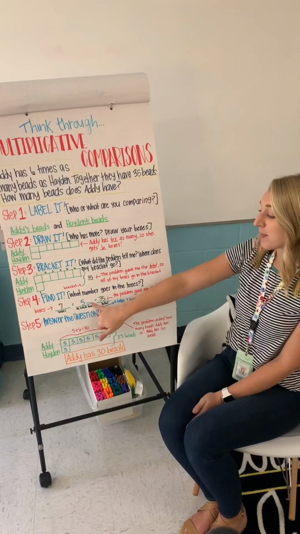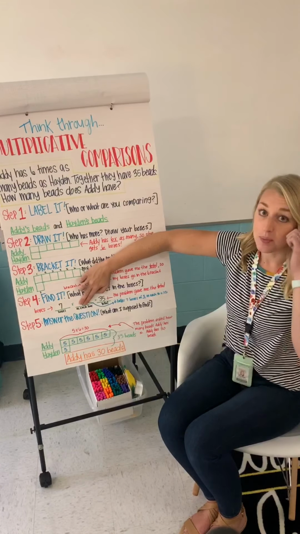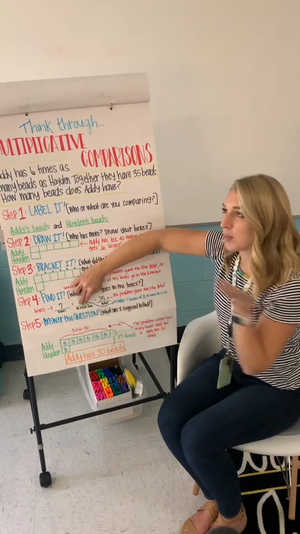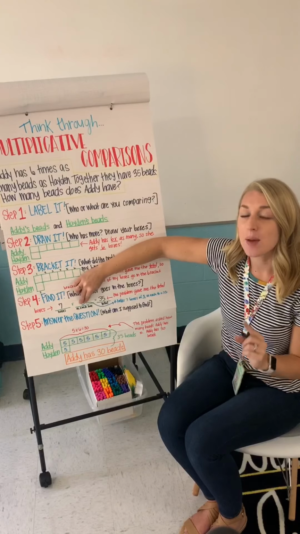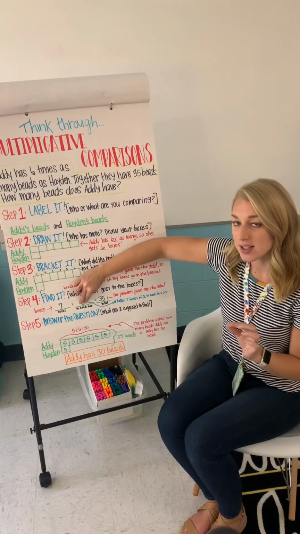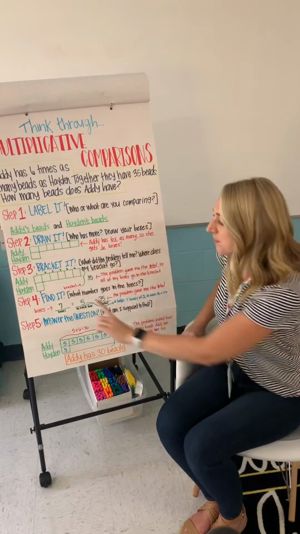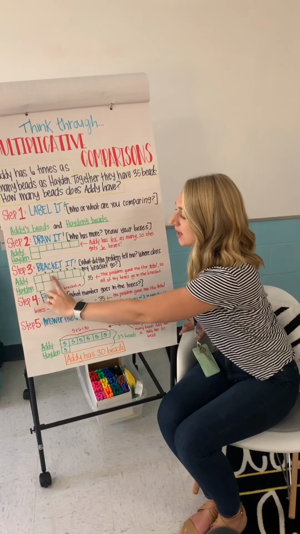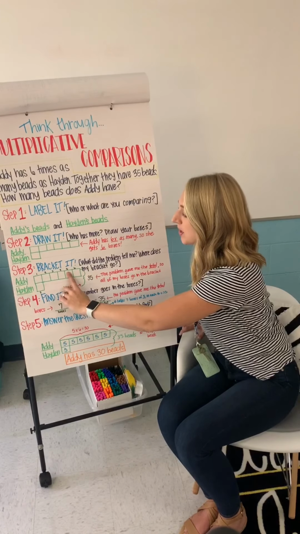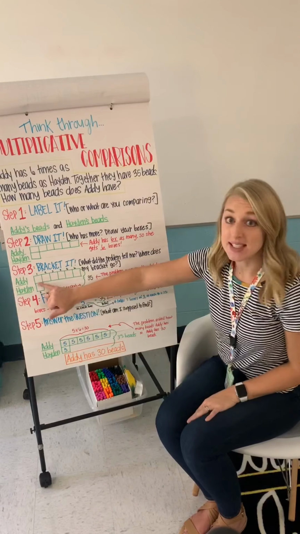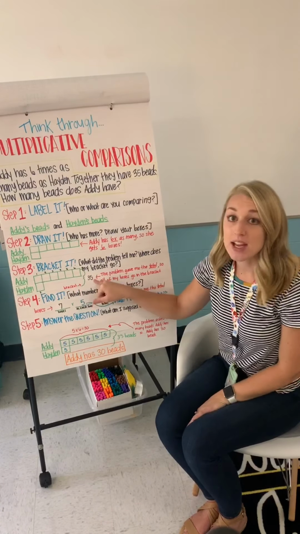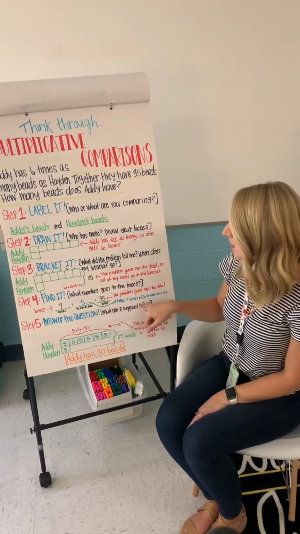To figure out that missing number, I know in my head, 7 times what number equals 35? Well, I know it's 5. So I double checked that and said, okay, that means 5 has to go in each box to equal 35. So let's see. 5, 10, 15, 20, 25, 30, 35. If I put 5 beads in each box, that's going to give me a total of 35 beads.